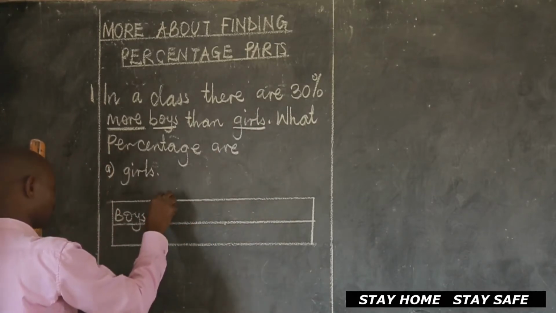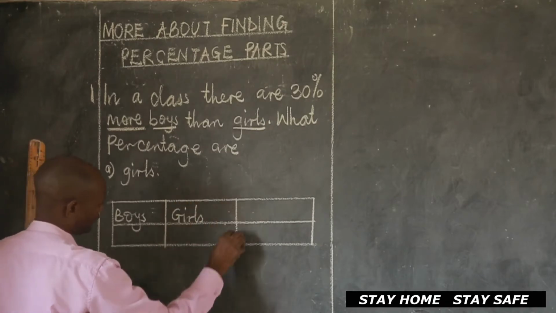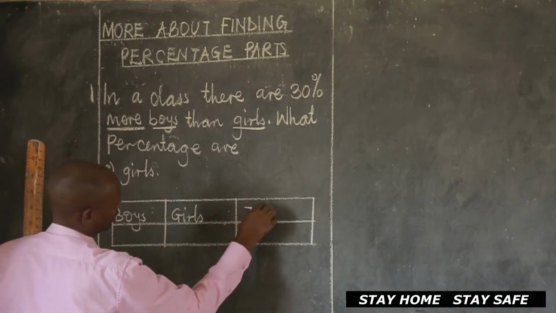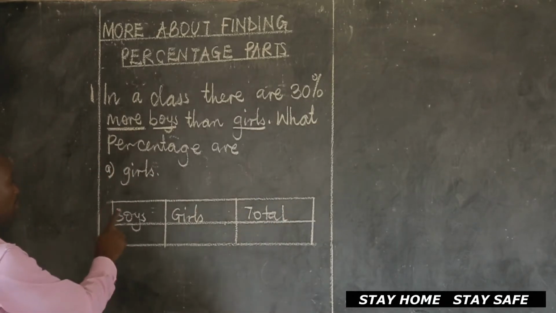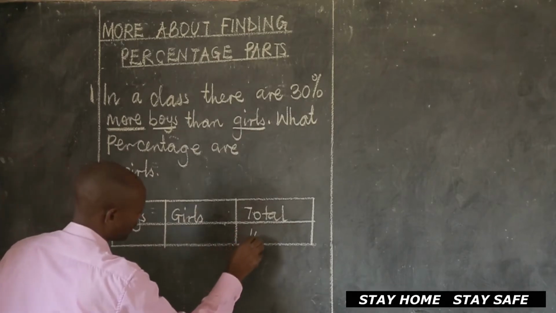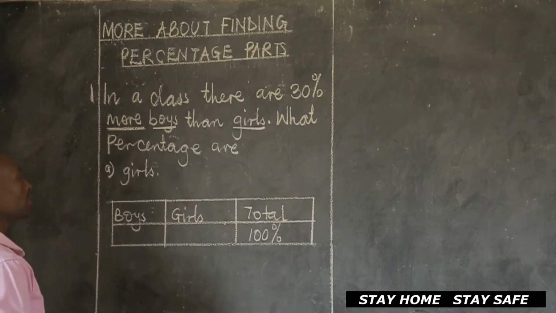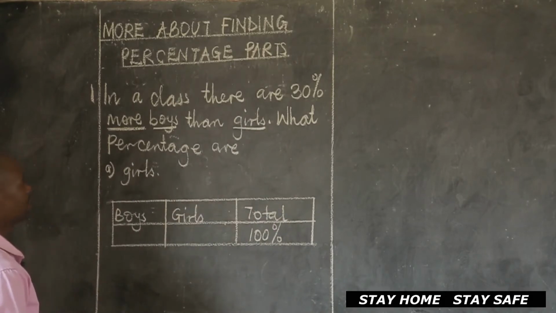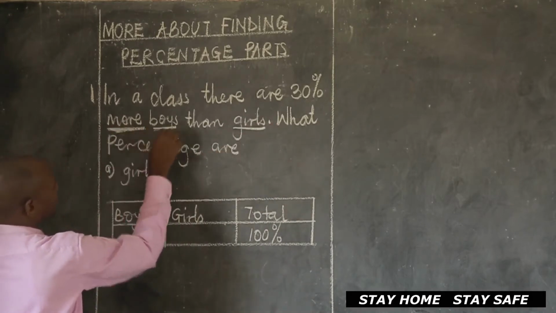Then here you put girls. And finally, you put here the total. When we add boys plus girls in terms of percentage, the total is 100%.